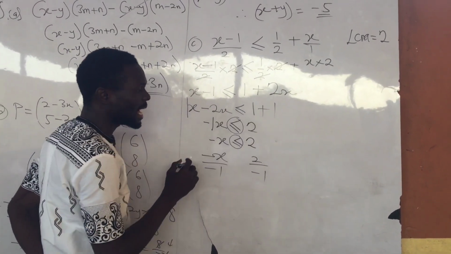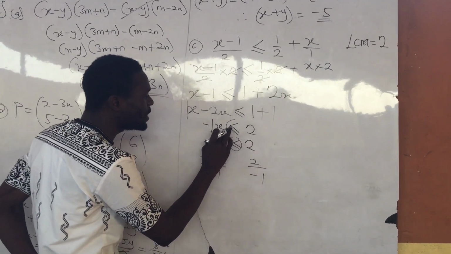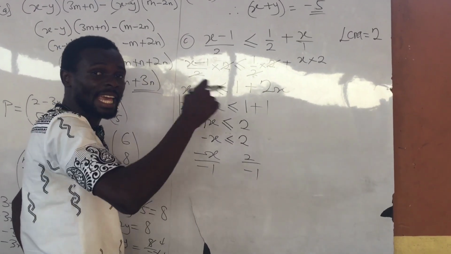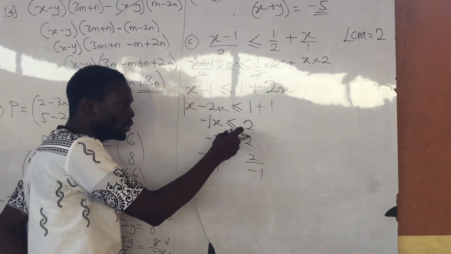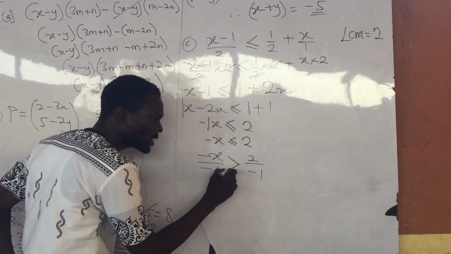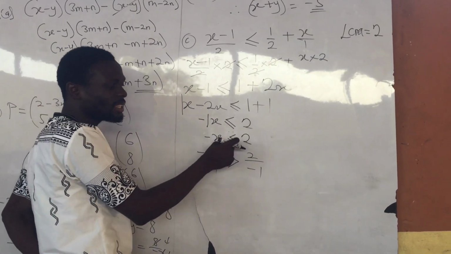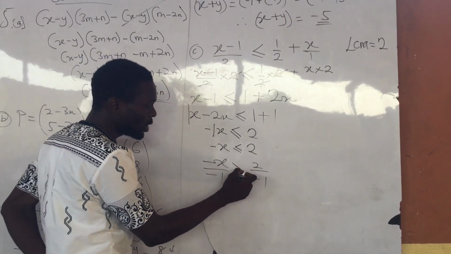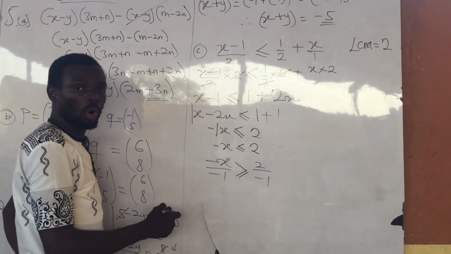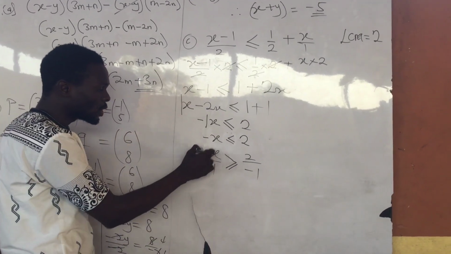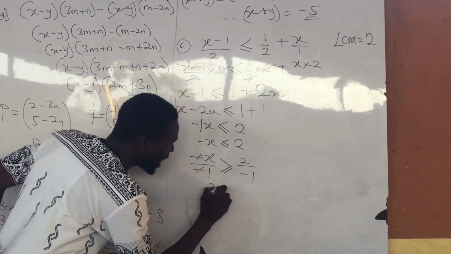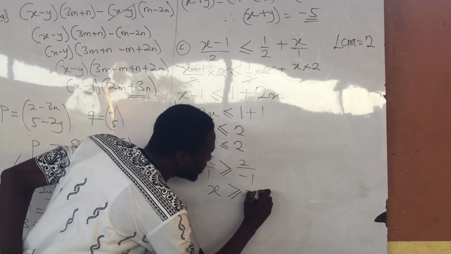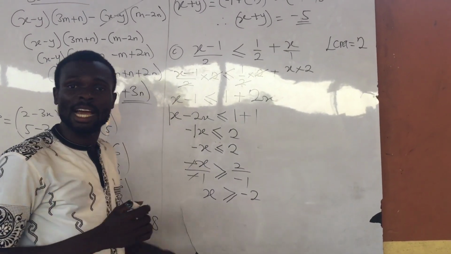The moment we divide the inequality using a negative, the sign we keep on using will take the opposite of it. So this is less or equal to. Because we divided with a negative, it's going to be greater or equal to. So negative will cancel negative. You have x is now greater or equal to negative 2. Now what did the question say?